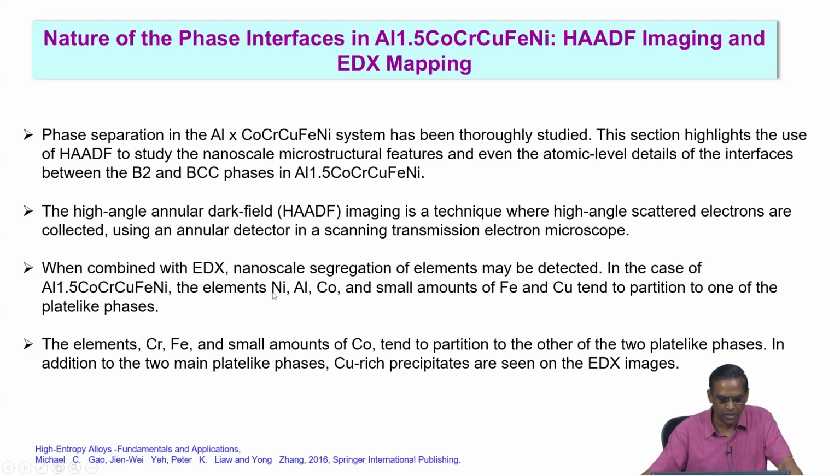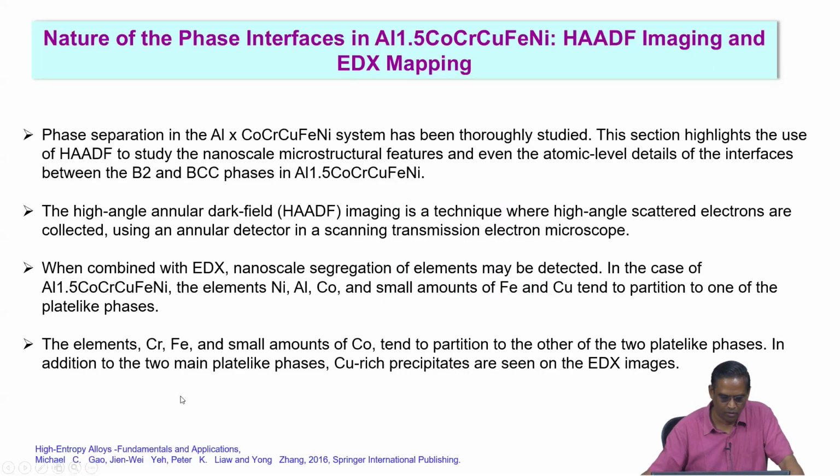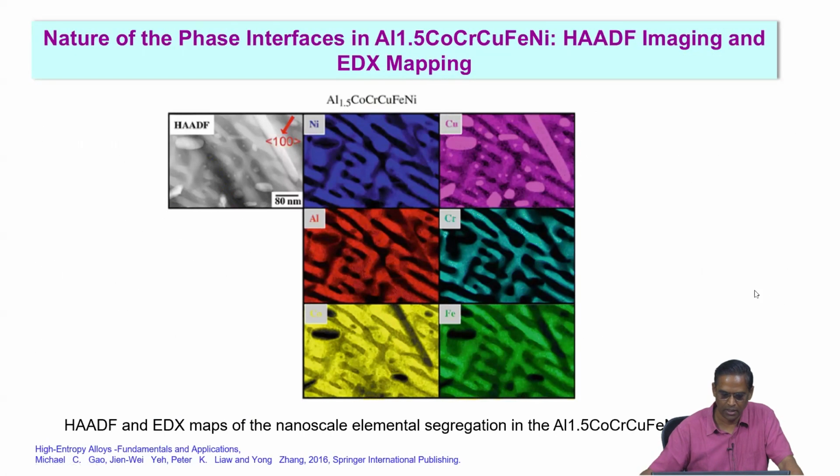So nickel, aluminum, cobalt correspond to these plate-like phases, with very small dissolution of iron and copper. Similarly, chromium, iron and small amounts of cobalt tend to partition to the other two plate-like phases. So, that is what we are seeing here in this section. Okay.